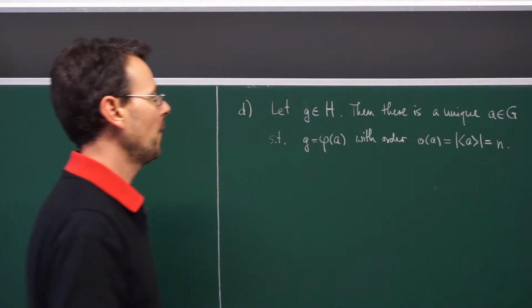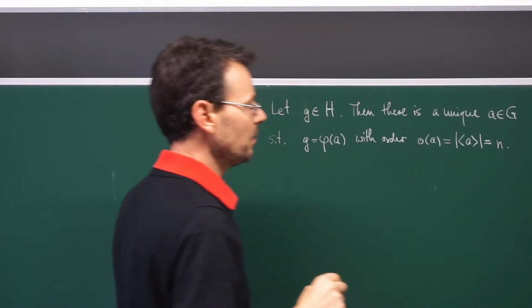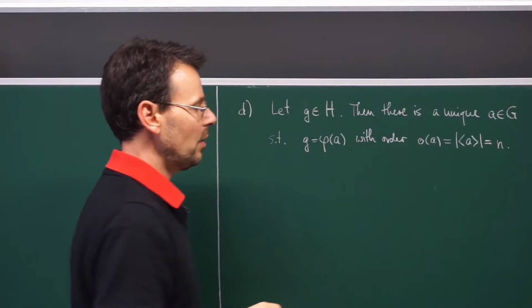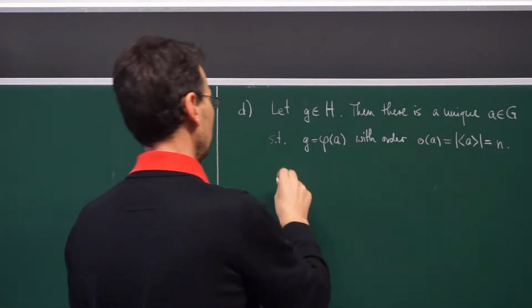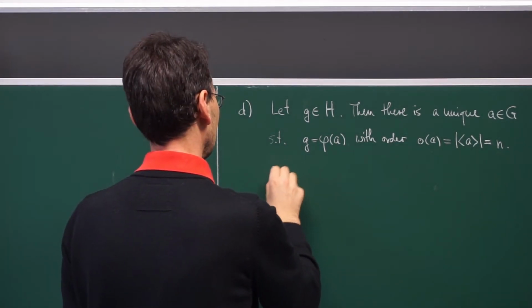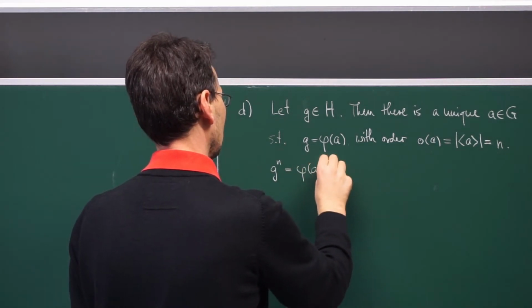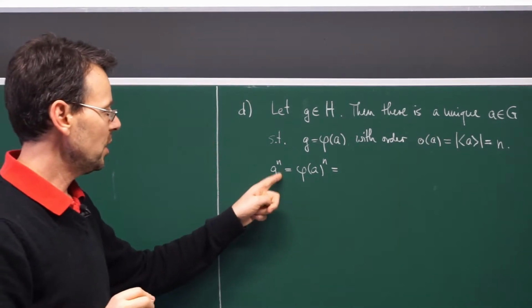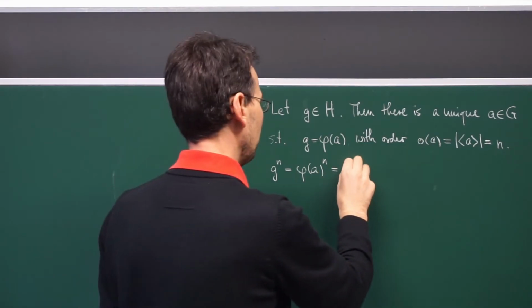That's the claim. And remember, the order is the smallest integer such that a to the nth power is the identity of the group. So first of all, we take a look at G to the n. This is phi of a to the nth power.